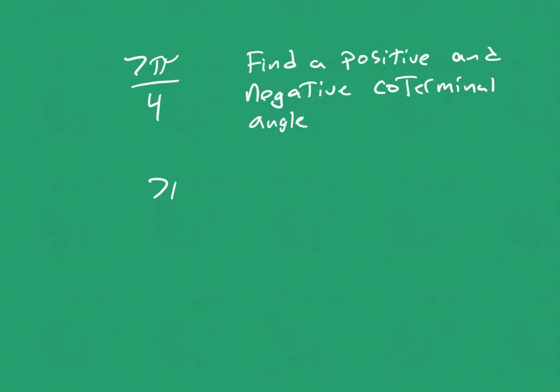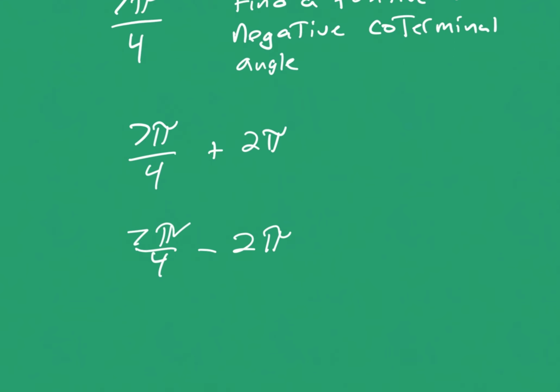So instead of adding and subtracting 360, we could add 2 pi to this. And we could subtract 2 pi from this, because that's the distance around a circle. I mean, as far as radians go. Okay, we say it's 2 pi instead of 360 degrees.